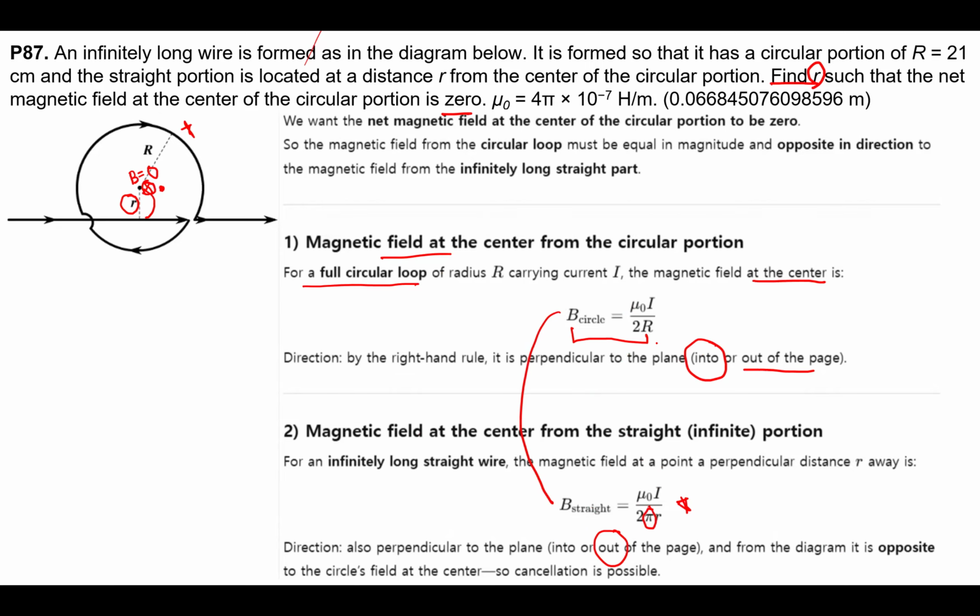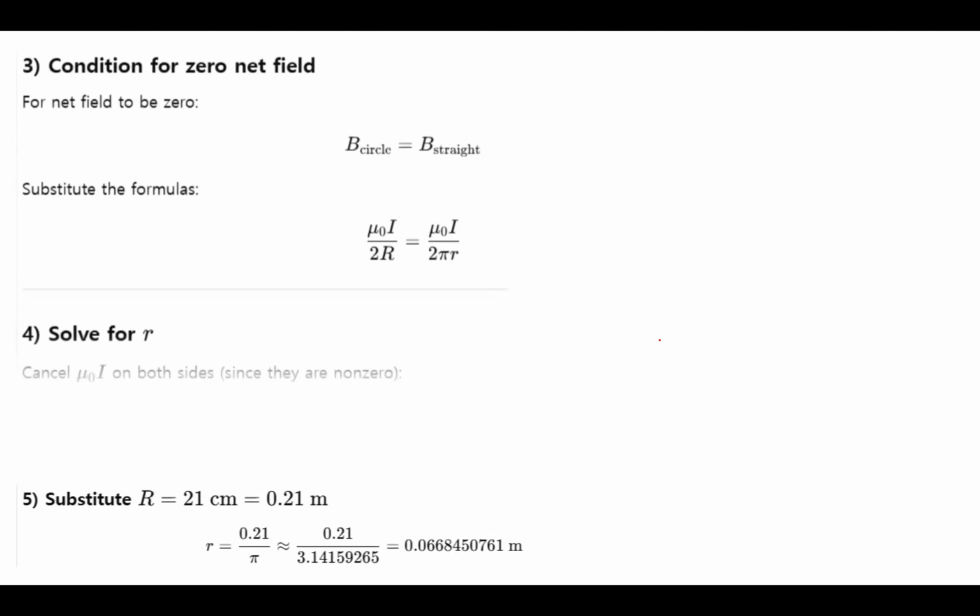So it should be subtracted. And if we want a zero magnetic field, the contributions should be equal in magnitude. Okay, and then we need to find small r.